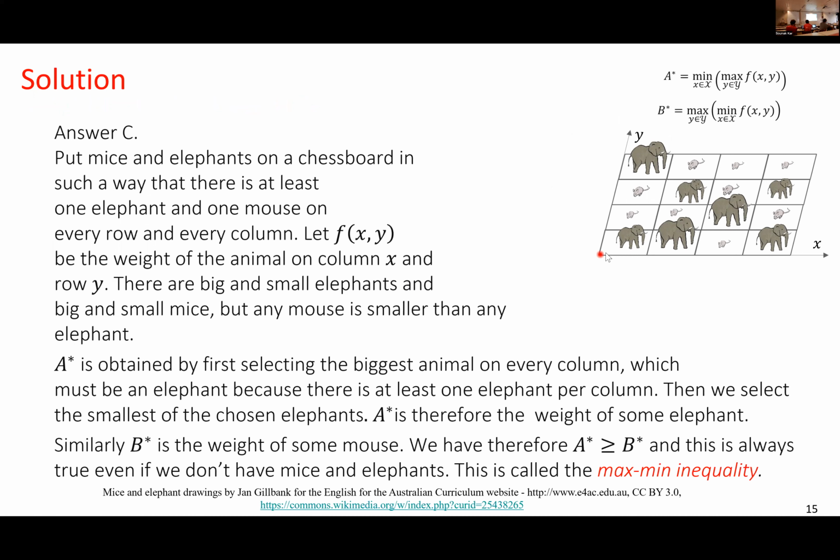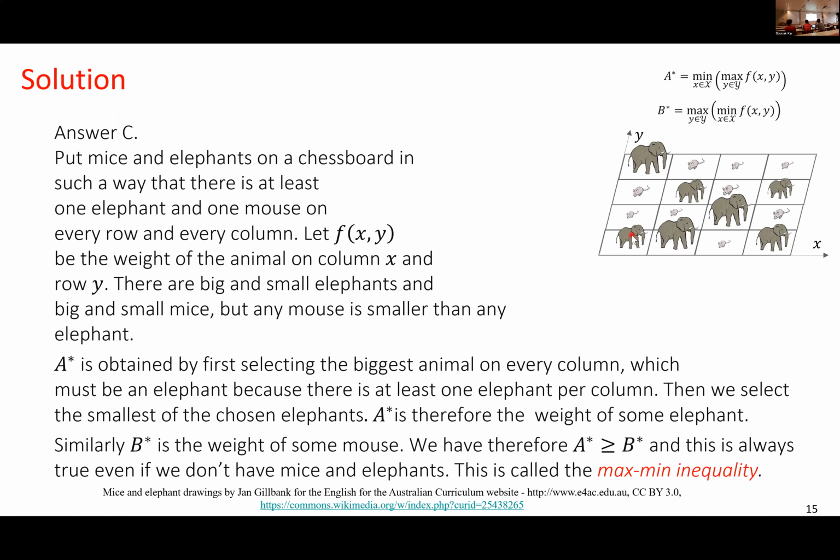Imagine X is the dimension of the chessboard, Y is the other dimension, and imagine as a thought experiment, on a very big chessboard, you put mice and elephants on the same chessboard. Not a good idea because elephants are afraid of mice, but assume you do this.